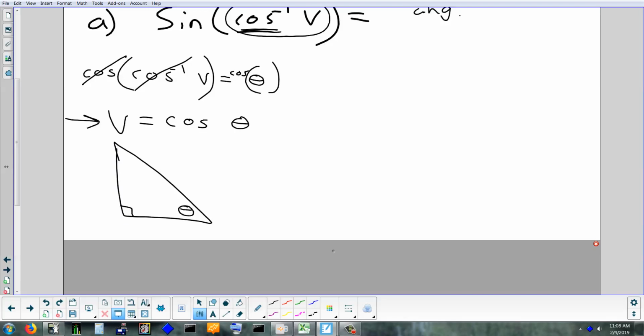Now, there's one thing we know about theta. Looking at the equation up above, it says that the cosine of theta equals what? It equals v. Now, what's the definition for cosine? What divided by what?